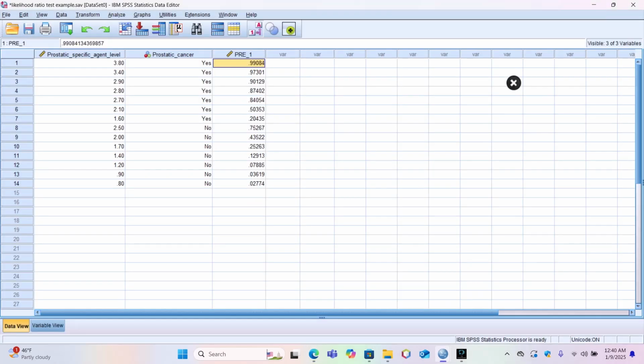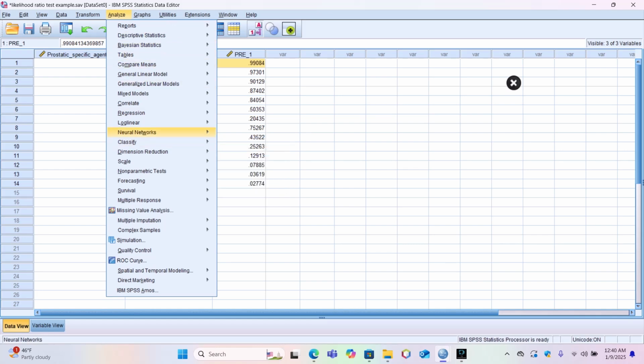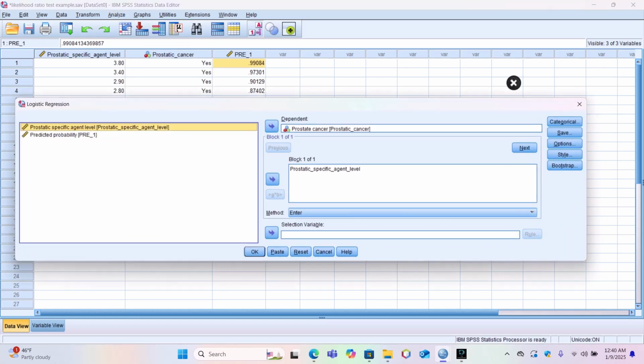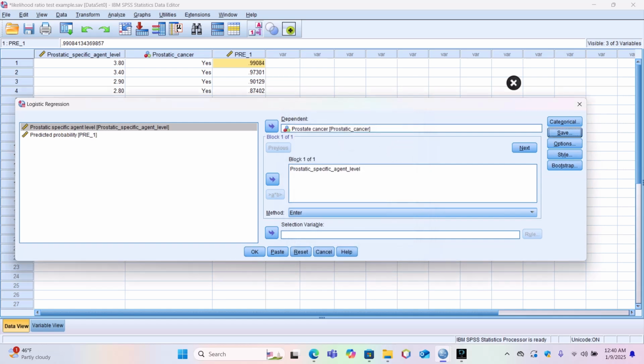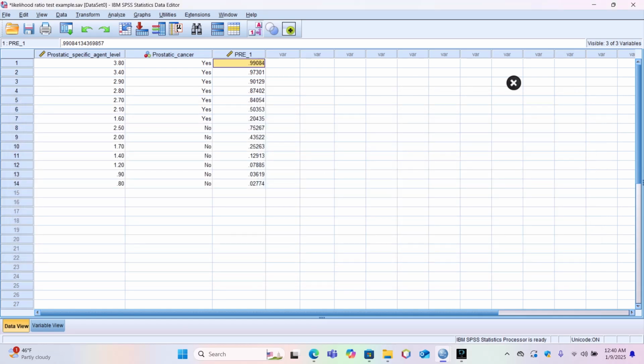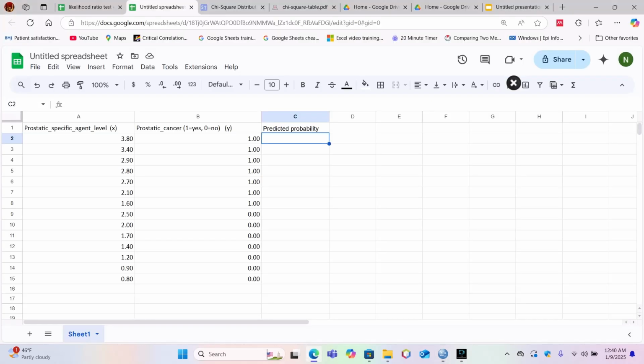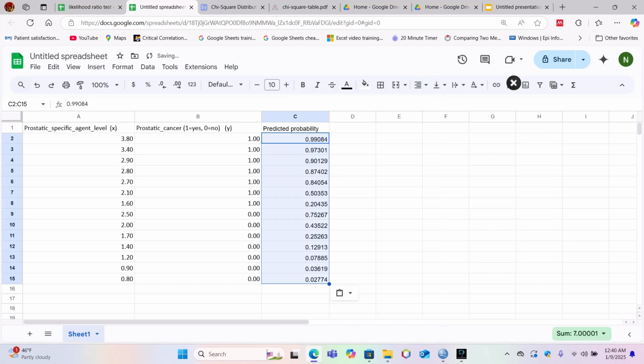When we go back to SPSS, we see that predicted probability has been calculated. It was calculated because during analysis, in the Save tab of binary logistic, we checked predicted probability, so it was saved in our sheet. Now we'll copy these predicted probabilities, which have been estimated by maximum likelihood estimation, and paste them here.